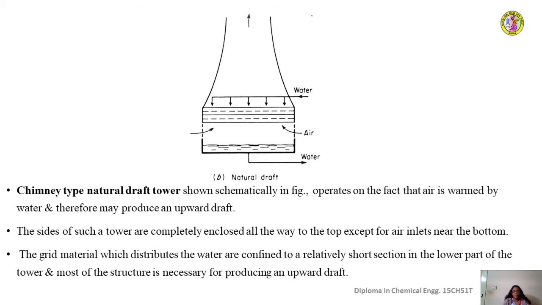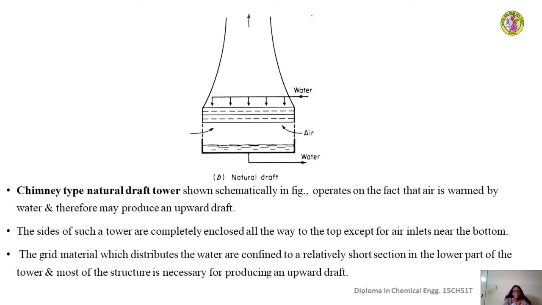This tower operates on the fact that the air gets warmed by water, and this warming of air automatically produces an upward draft. The sides of the tower are completely enclosed here, except for a small inlet provided at the bottom for taking the air inside the tower.